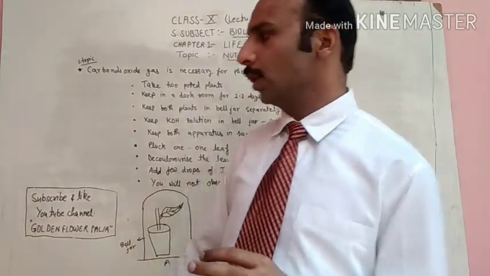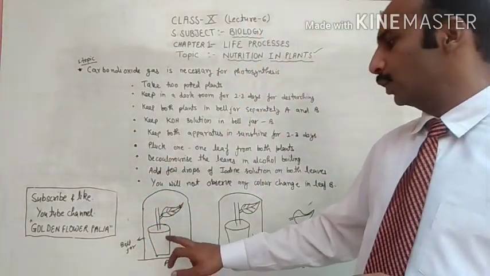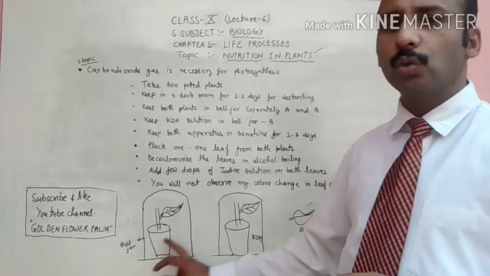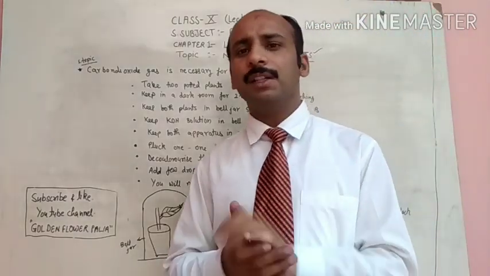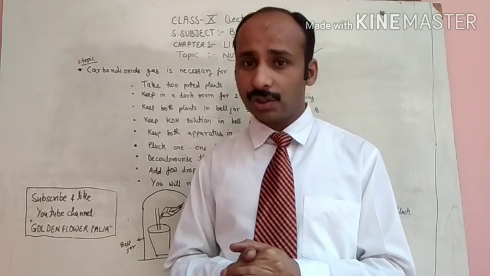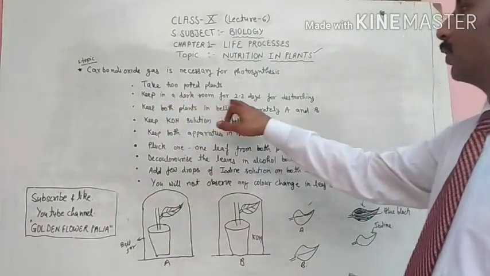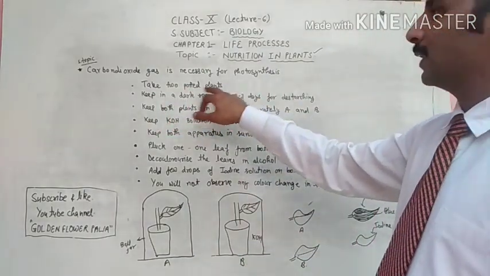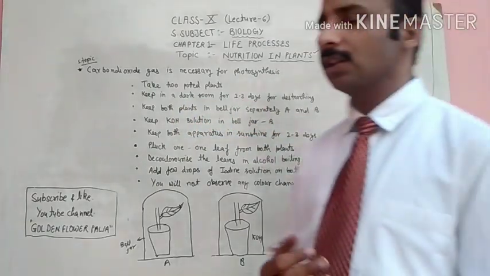So what we have to do before starting the experiment is take two potted plants, and keep these potted plants in a dark room for 2 to 3 days for destarching.